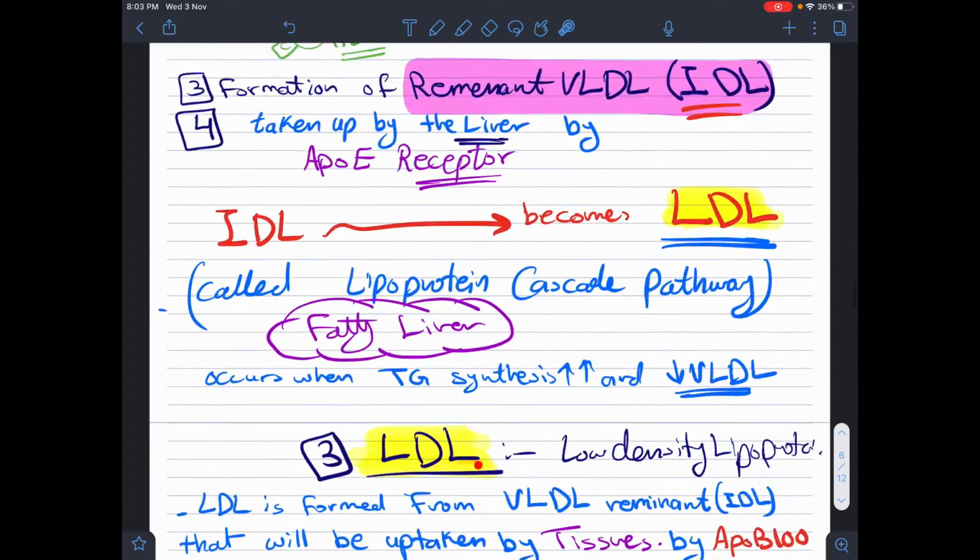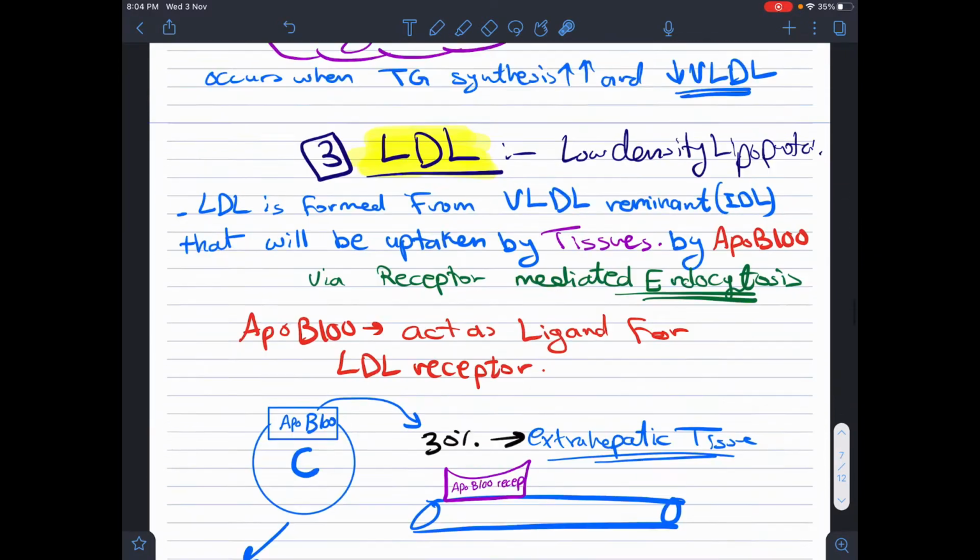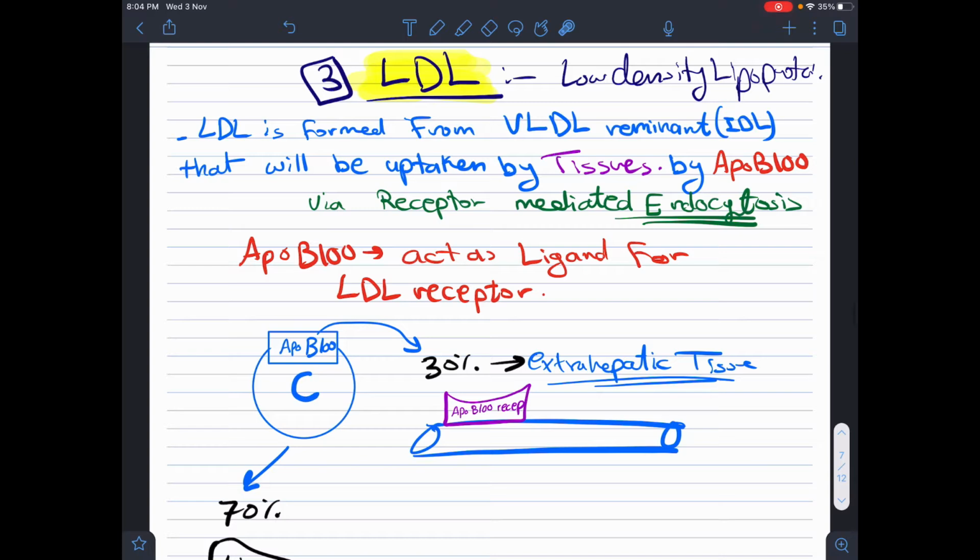So the LDL, the low density lipoprotein, is derived from the IDL, the remnant of the VLDL. The LDL, which is the third type of lipoprotein we have here, is formed from the VLDL remnant, and it will be taken up by tissues. How? ApoB100 is on the LDL, but inside we only have cholesterol.